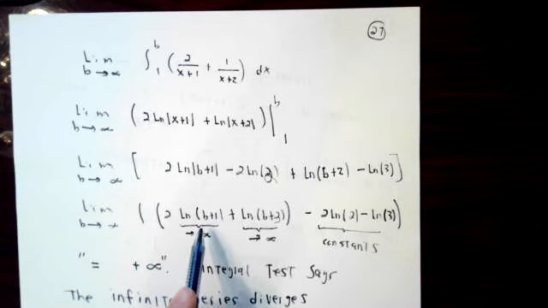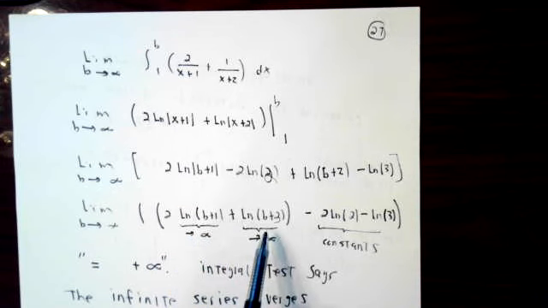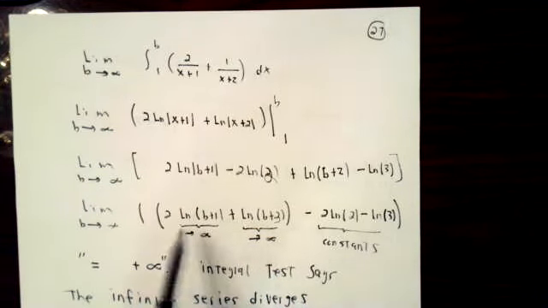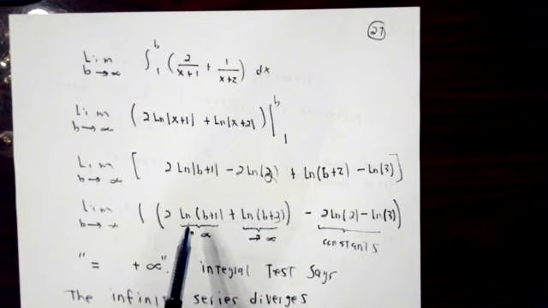As b tends to infinity, natural log of b plus 1 becomes arbitrarily large and positive. 2 times that, this first term becomes arbitrarily large and positive. As b gets really big, b plus 3 gets really big. When I add a large positive number to a large positive number, I get a large positive number. So I'm not busting this up into infinity plus infinity.